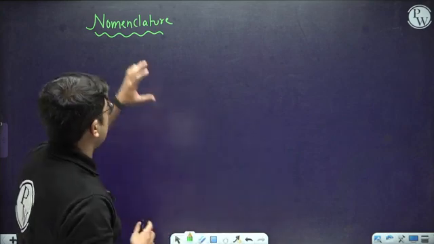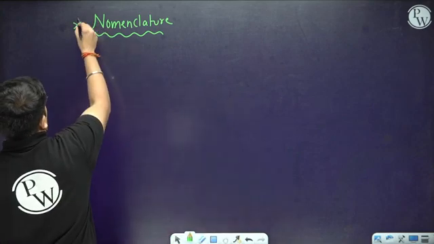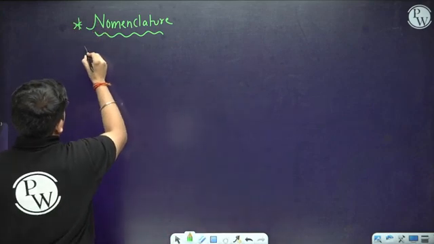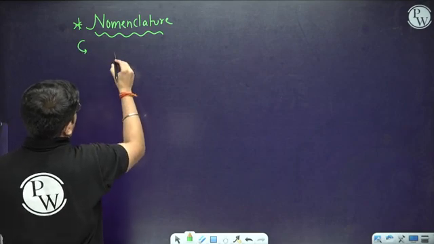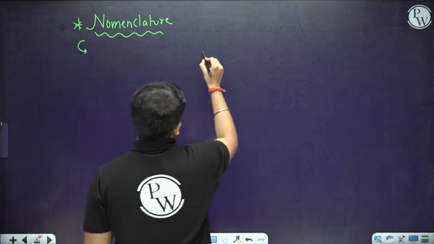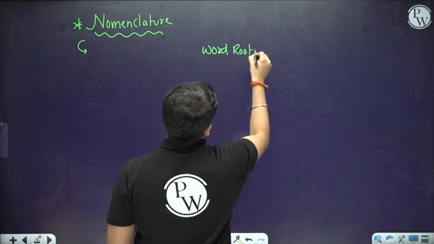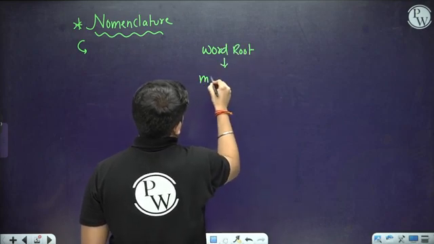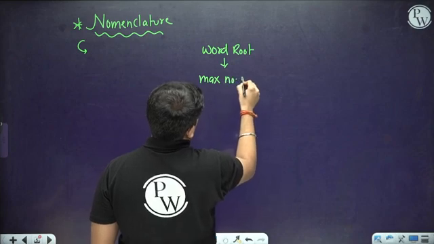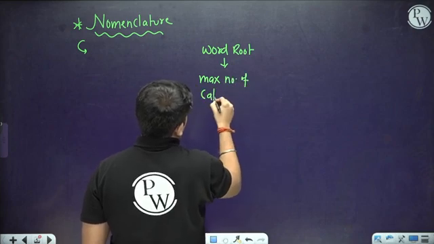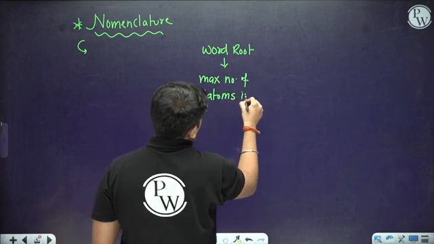But if I talk about the basic analysis, I'm going to start with the entire analysis part. So first of all, if I talk about nomenclature, the basic idea is you have to find the word root that corresponds to the maximum number of carbon atoms in the parent chain.